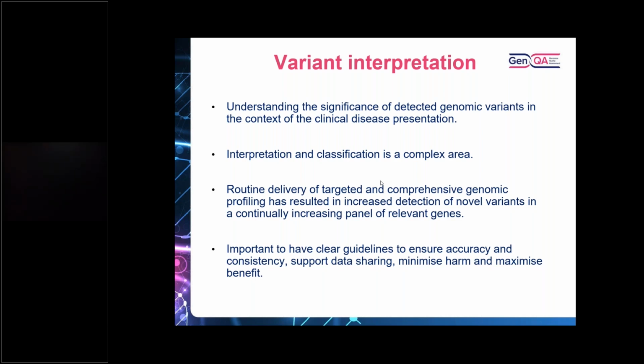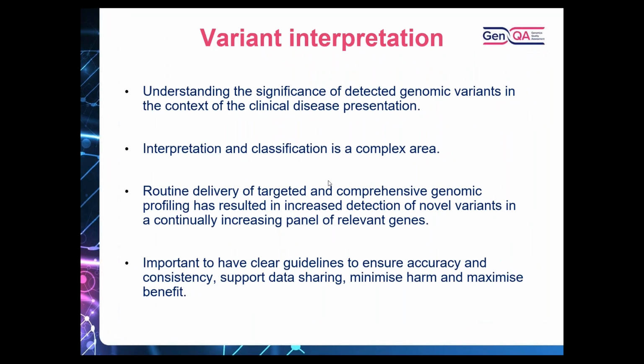So in the cancer setting, a critical point towards uniform patient management is the assignment of the biological contribution of each variant to the malignancy and its subsequent clinical impact in a specific malignancy. As Sandy has said very nicely, routine delivery of targeted and comprehensive genomic profiling has resulted in increased detection of novel variants in a continually increasing panel of relevant genes.